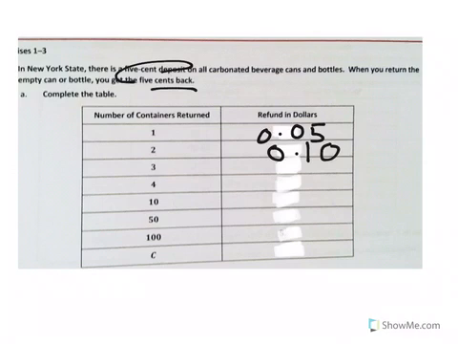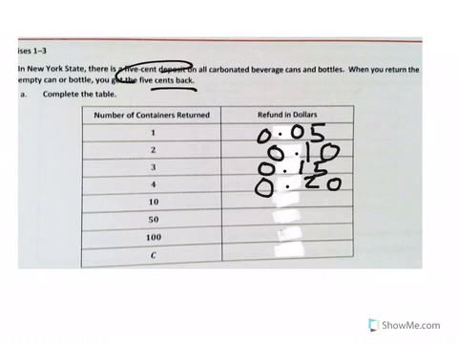For 3 containers, I think you're starting to see a pattern here, 15 cents, right? So 5 cents per container, 5, 10, 15. What about 4 containers? Well, 4 containers, 5 cents each, 5, 10, 15, 20, you'd be looking at 20 cents. Now we've jumped down to 10 containers.